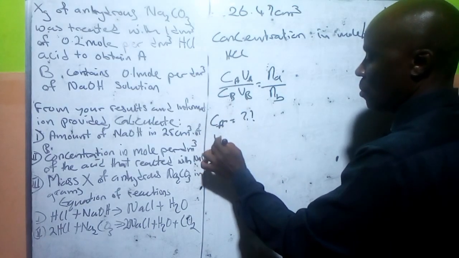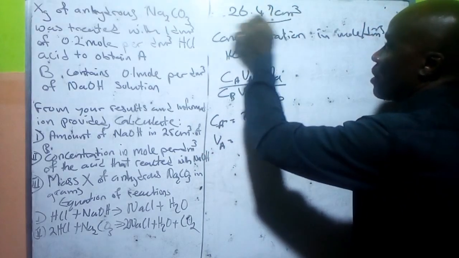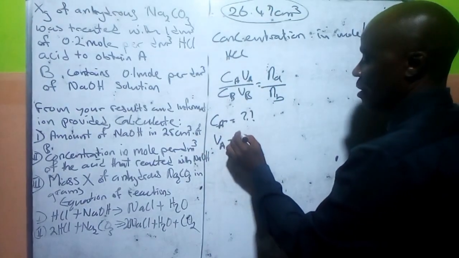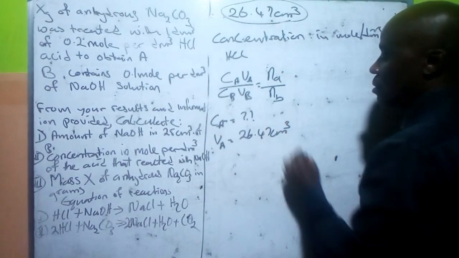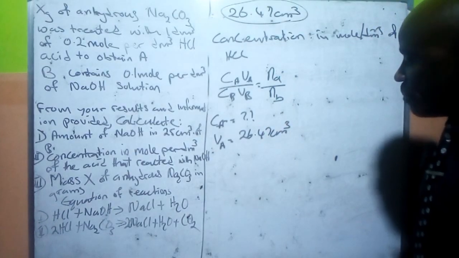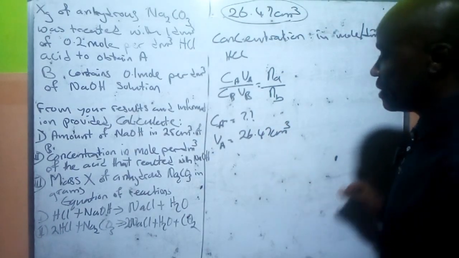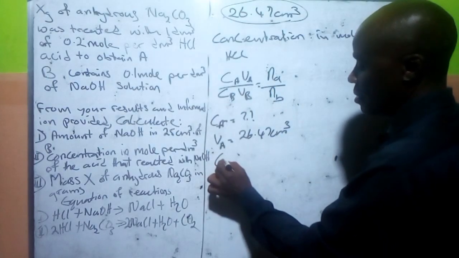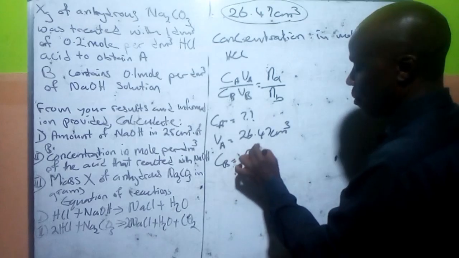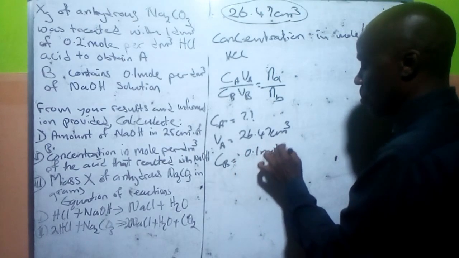So the volume of this A is this very one we reserved here, that one we have in our reserve bench. So we are calling it into play this time. So here we have Cb is equal to 0.1 mole.